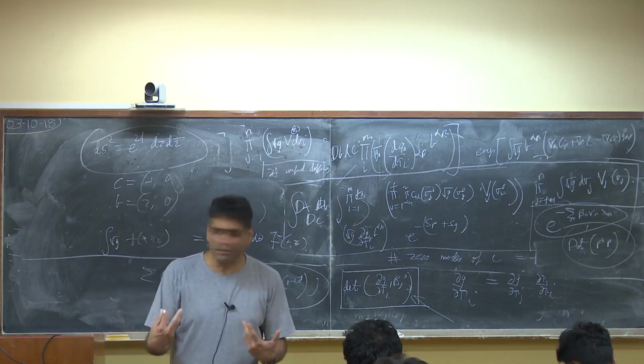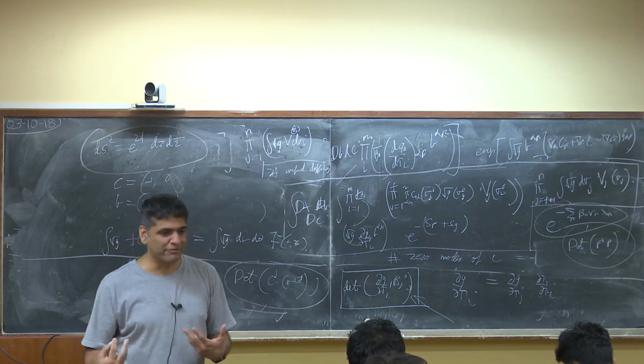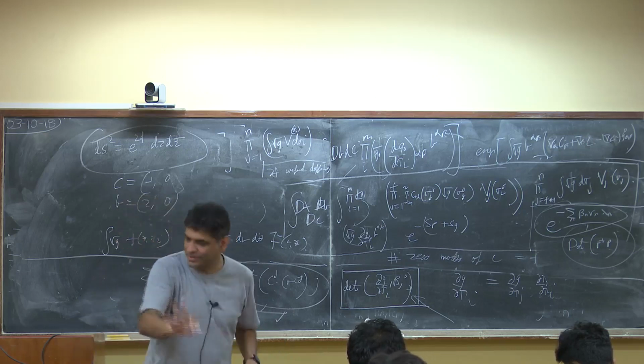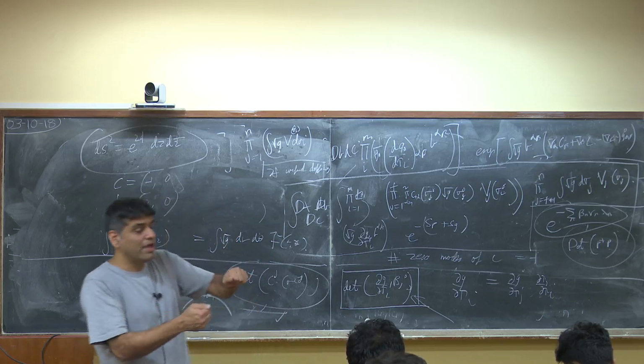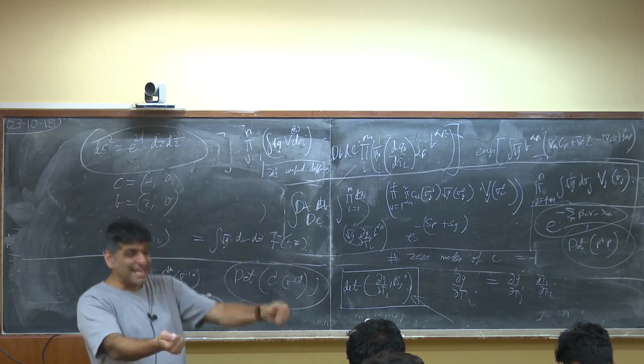Okay, this is the thing I wanted to show you. In fact it's almost obvious, but anyway we'll do it next time. And so with these objects, the ghost action is Weyl invariant.